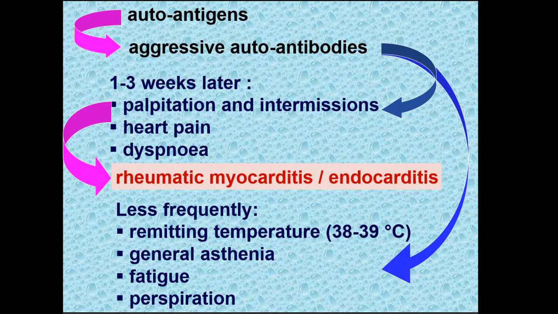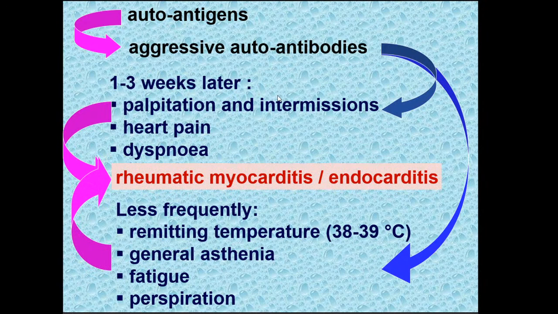In this rare case, the disease manifests more actively with very high fever. As a result there will be significant fatigue, general weakness, asthenia, and perspiration. But in all cases it is accompanied by problems of heart contraction, heart pain, palpitation, intermissions.